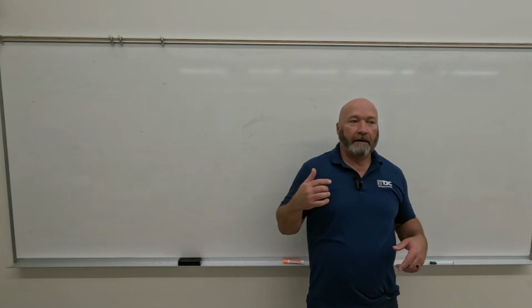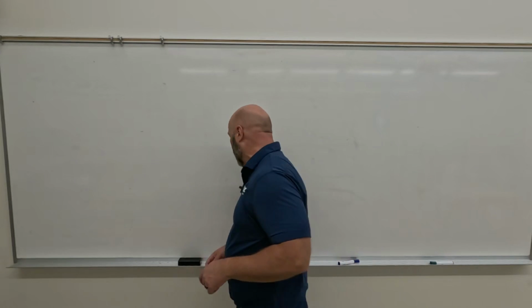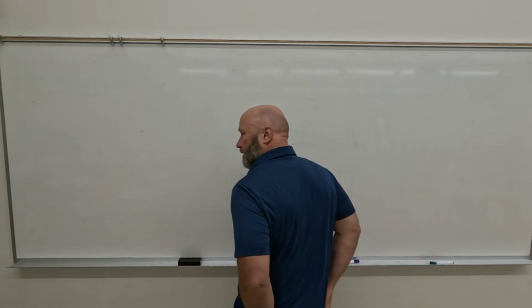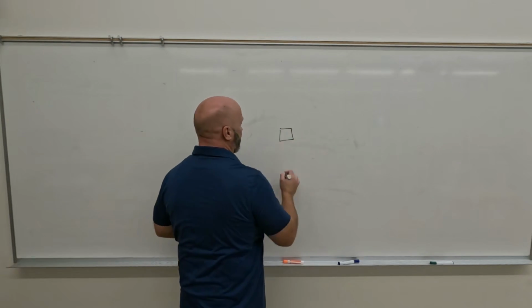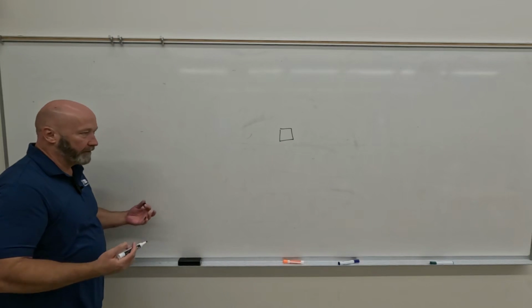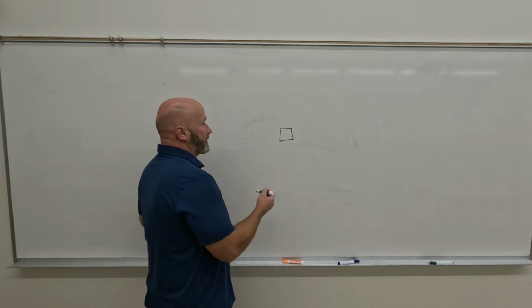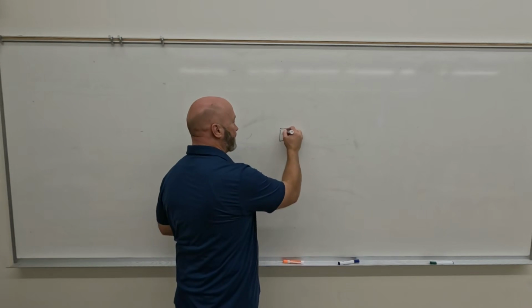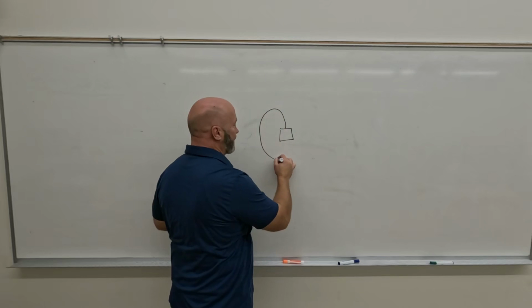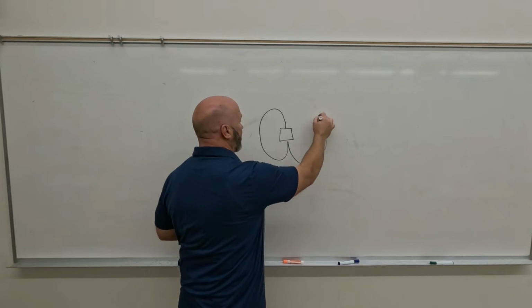But here's the rub. If you've got an electron, and we're going to draw an electron as kind of a square instead of a round thing, then what we've got in our magnetic field is that the field goes in one end and out the other.